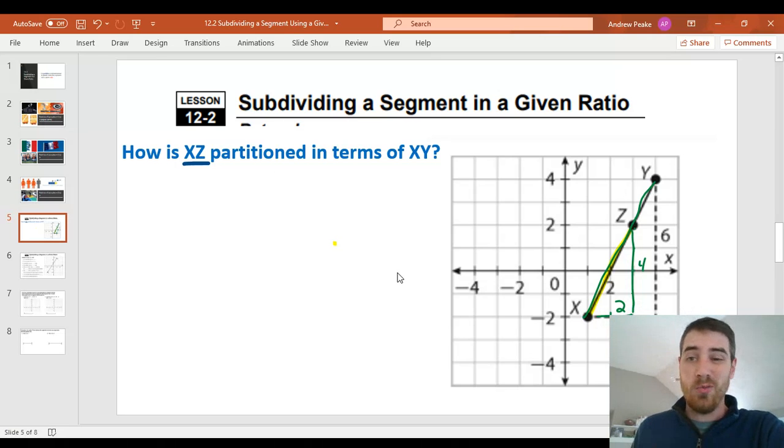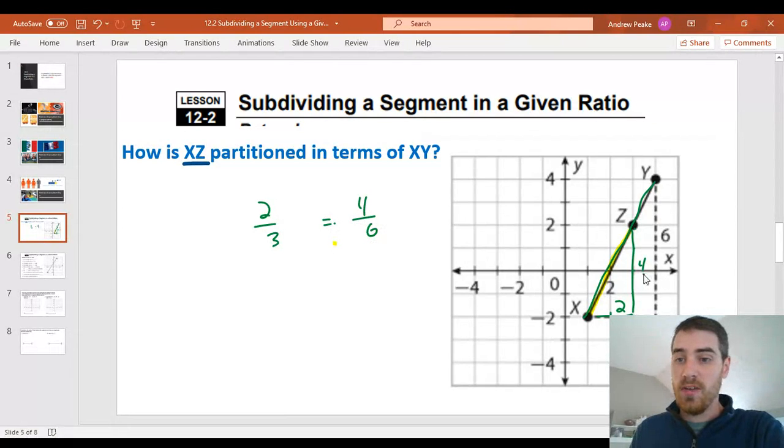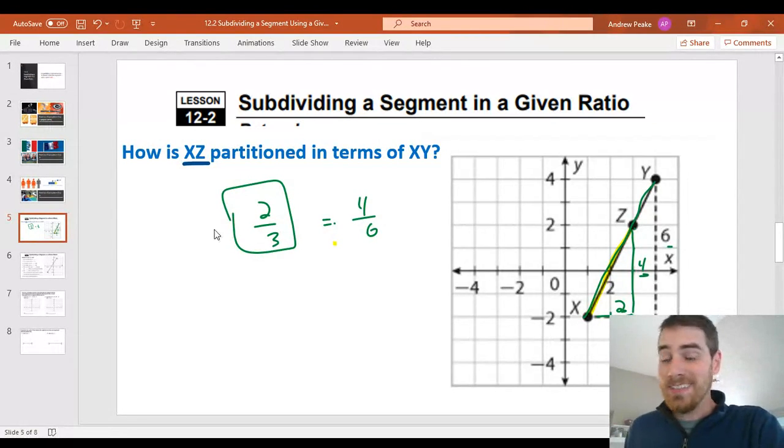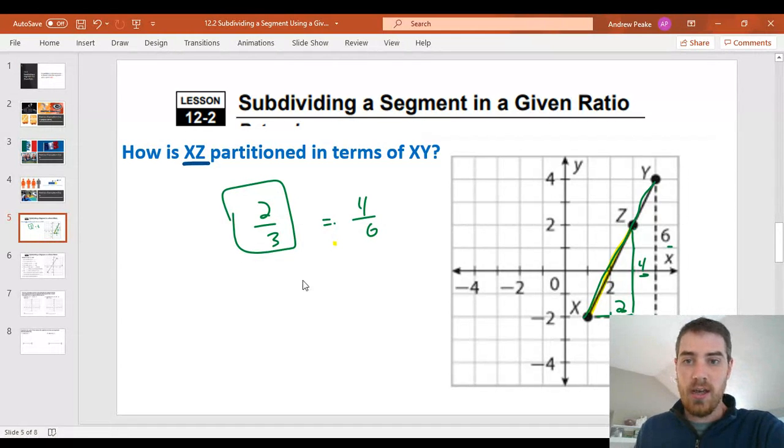To figure out the ratio of this, I'll take 2 over 3 and then 4 over 6, comparing those two. So in this case, it looks like xz is 2/3 of xy. So we'd say the ratio in this case is 2 to 1.